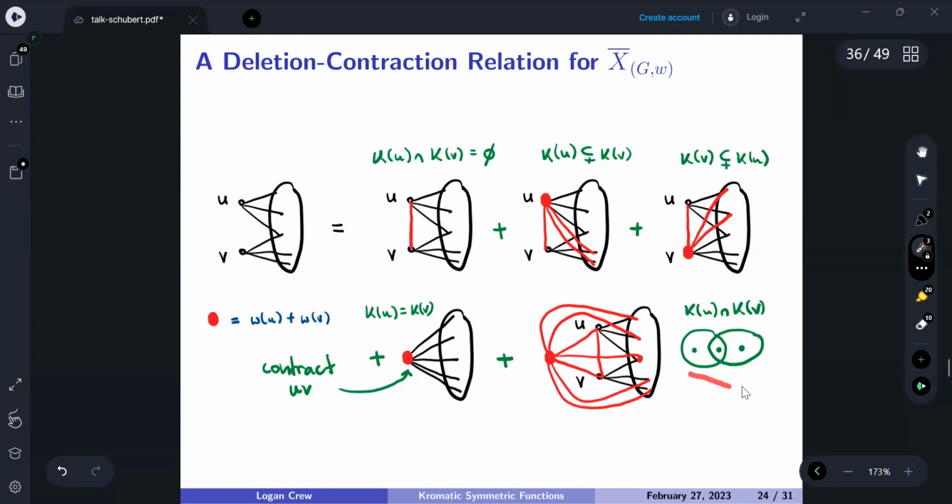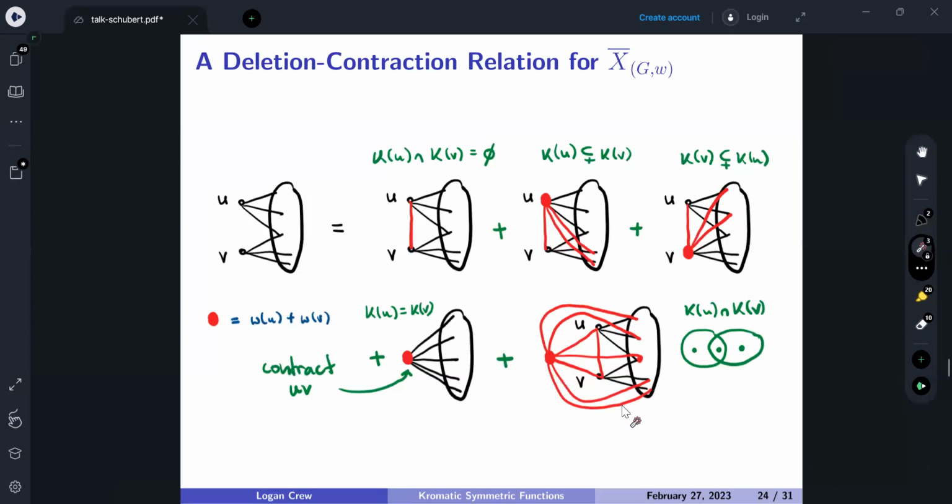And the last non-trivial case is when kappa of u and kappa of v intersect non-trivially in this manner, so that all of these portions of this Venn diagram are non-empty, in which case we just add a new vertex altogether with that weight. It gets the intersection as a color. U gets kappa of u minus the intersection. V gets kappa of v minus the intersection. And again, this vertex has to remember what it should and should not be adjacent to.